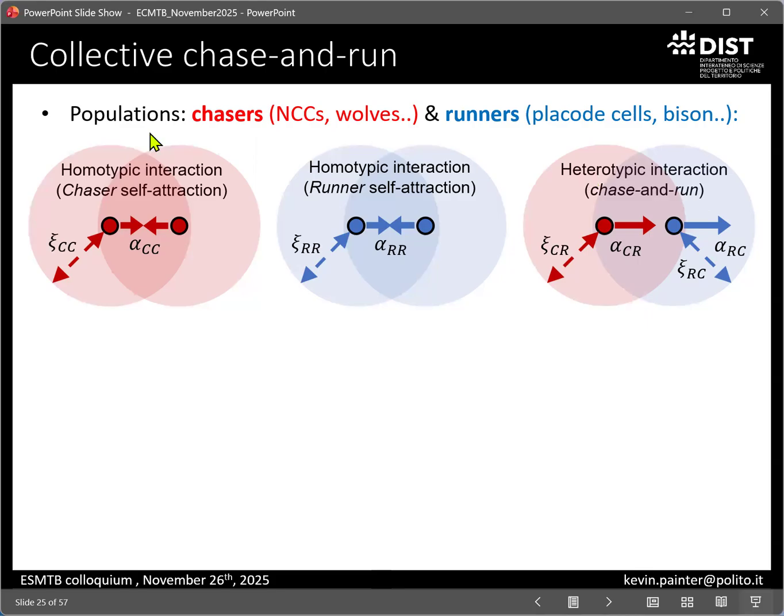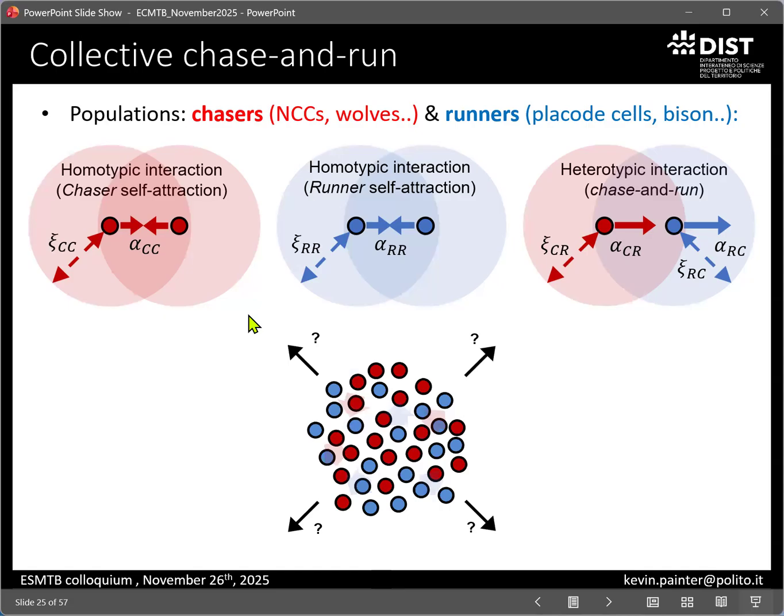So those are the three key elements that we include in the model. And then the question we asked is, if you have this set of interactions and you consider a mixture of chasers and runners, what do you get at the macroscopic level?